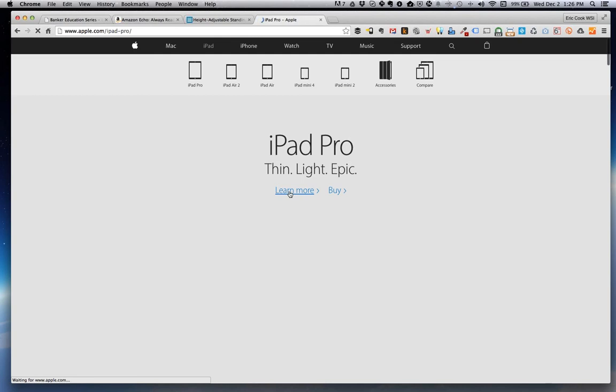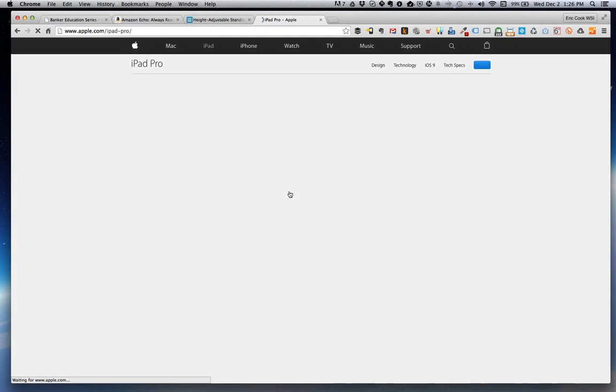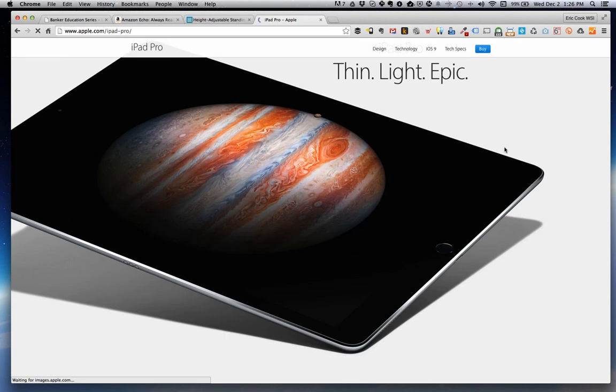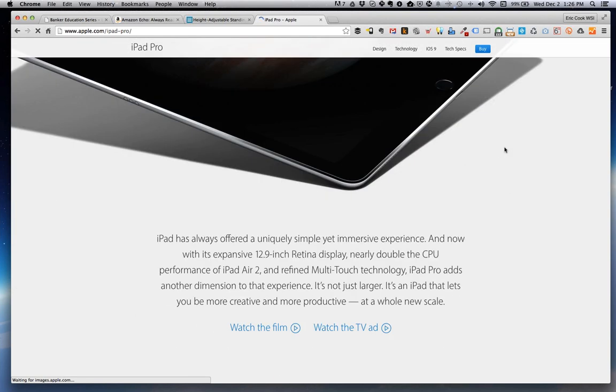People have gotten a chuckle from the fact they have a pen available for the iPad, saying they would never have a need for that. Priced at $99, I actually tried it out in the Apple store. I like the way it works for writing, doing just traditional handwriting on the iPad.